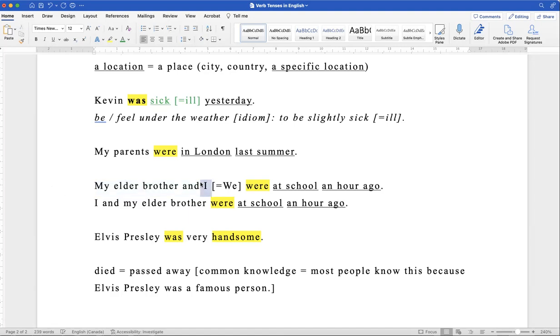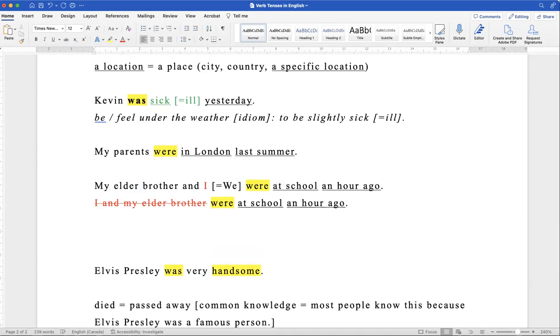Whenever I use I, it should always come at the end. The other subject or subject pronoun should come first. So this is a grammar mistake. Please make sure you don't make this grammar mistake. Another example, you can say Sally and I were close friends at primary school.